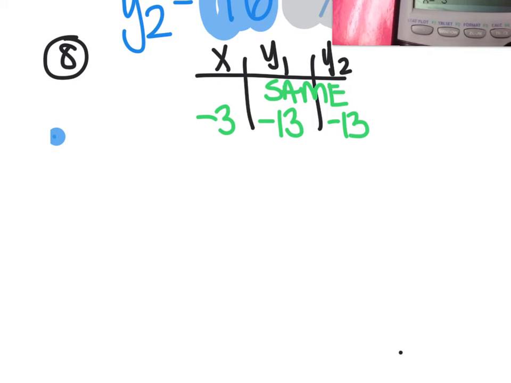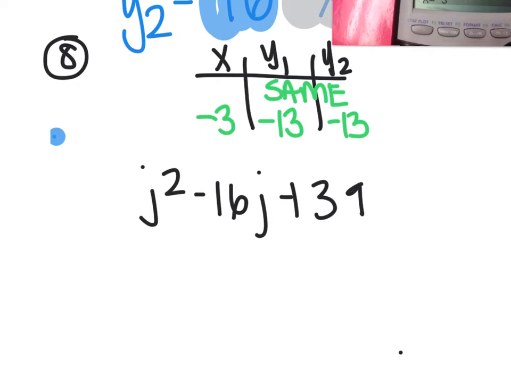So recall, I'm going to write my original problem again, which was j squared minus 16j plus 39. Well, what I'm going to do now is, rather than having to do a lot of work in the table to figure out how to rewrite this, use whatever these numbers were that we just came up with, this negative 3 and this negative 13. That's how I can rewrite this problem.